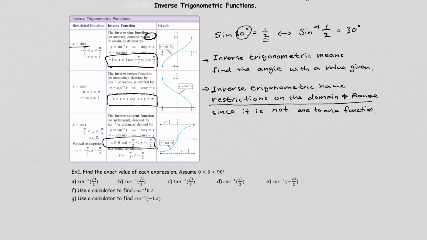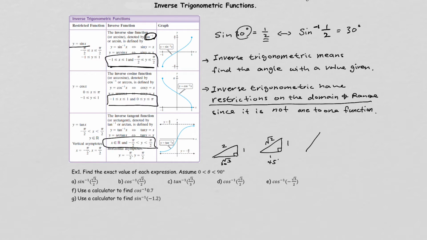Example 1, find the exact value of each expression between 0 to 90 degrees. Before we do that, let's recall from the other sections. When we have 30 degrees, you will have 1, square root of 3, and 2. 45 degrees, you will have 1, 1, and square root of 2.